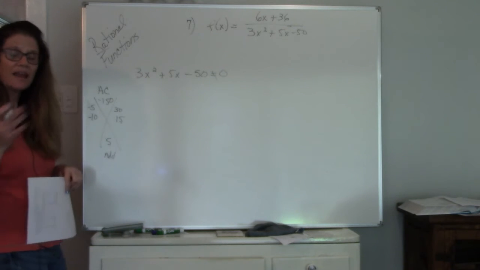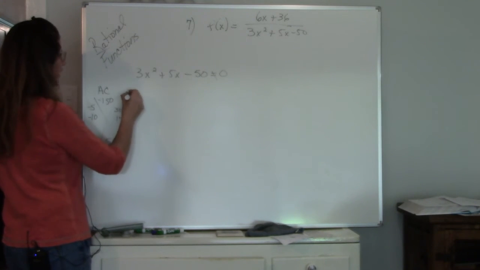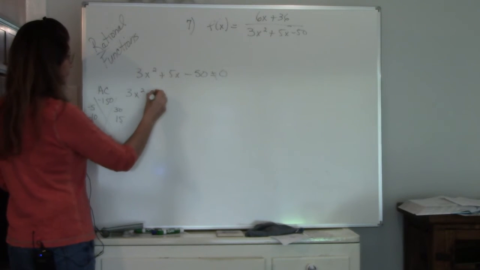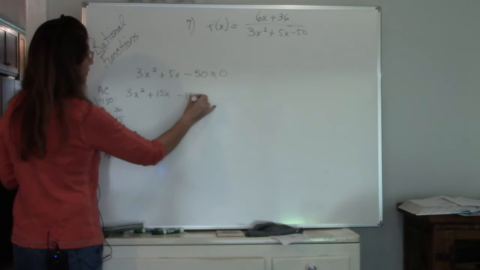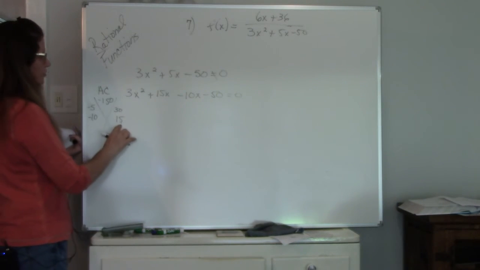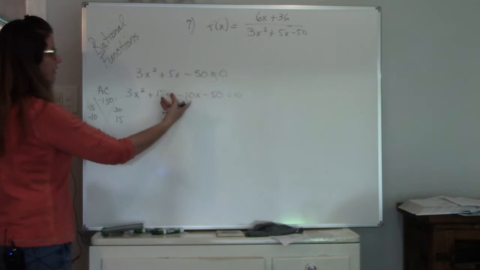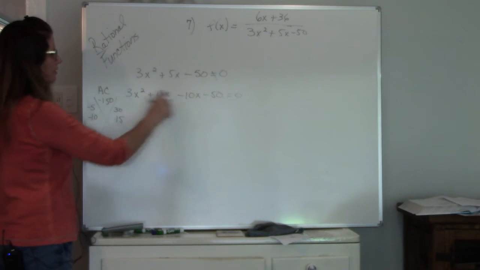So again, this AC method, what you're doing is you're going from a trinomial and you're going to rewrite it as a 4-term polynomial. Now, remember, even though I wrote it negative 10 first, 15 second, I can flip-flop those because I saw that 15 and 3 have more in common than 10 and 3.